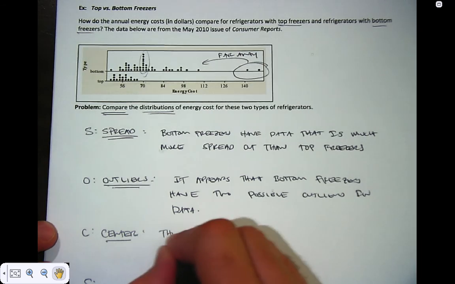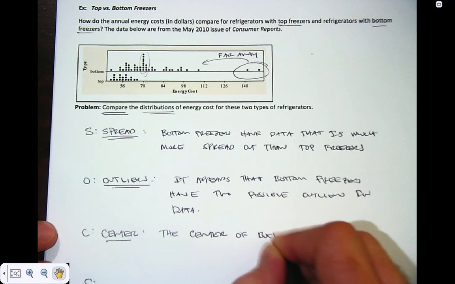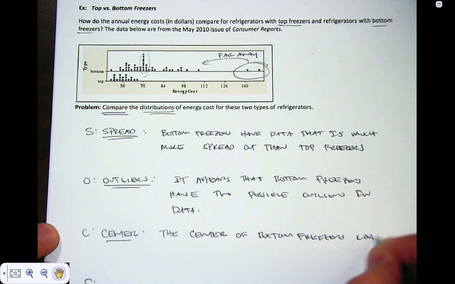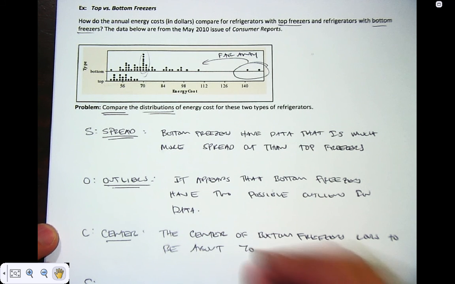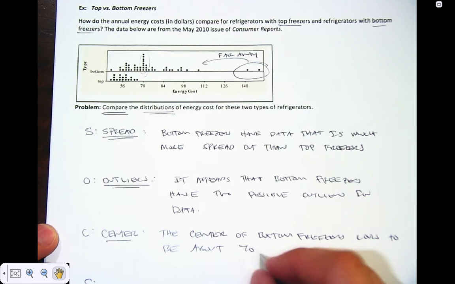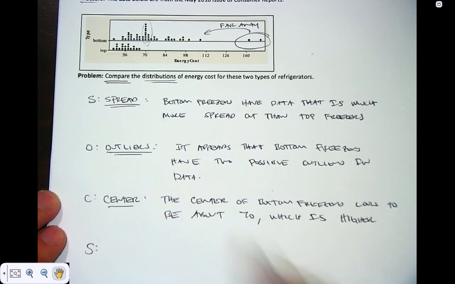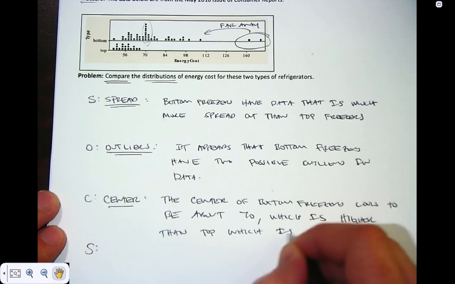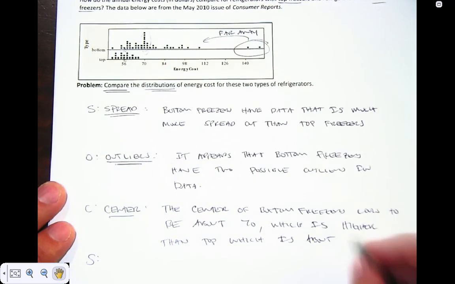So we would say the center of bottom freezers looks to be about, we're just estimating, which is totally fine, 70, which is higher, comparison words, you guys, than top, which is about, and let's look up here, the top seems to be right around 56.